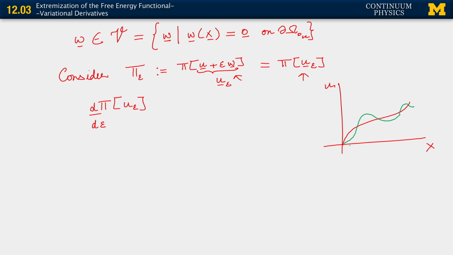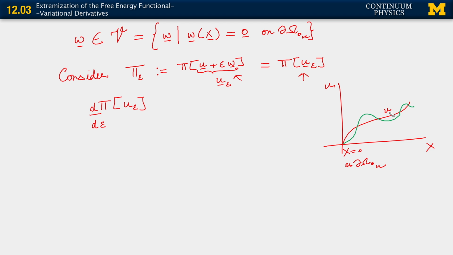So in this one-dimensional setting, this point here, x equals 0, is that. And there I'm making sure that both u and my varied function u plus epsilon w are the same, that is u.